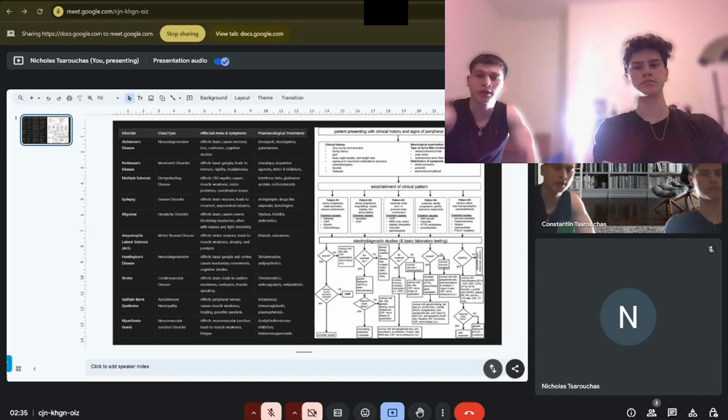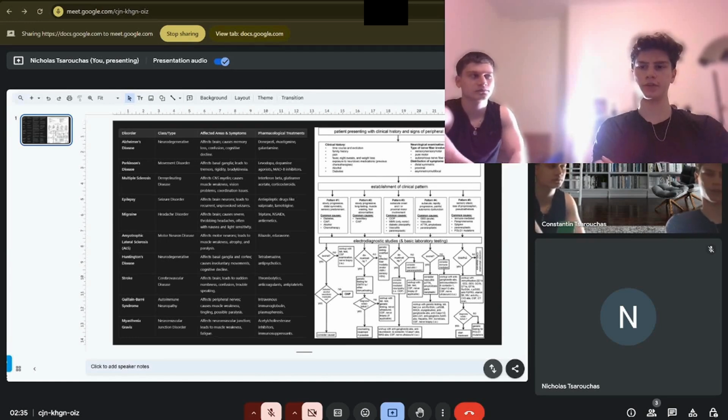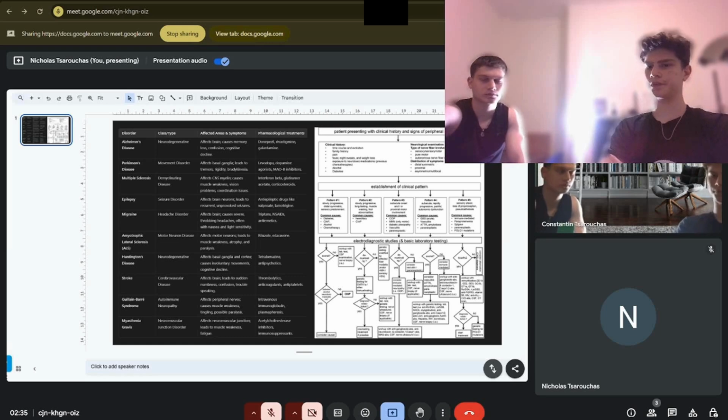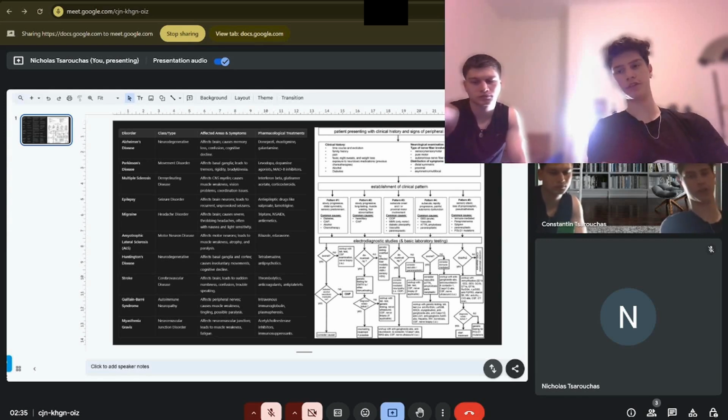So you get changes in behavior, impulsivity, problems with memory, learning, things like that as well. And if you have problems in these pathways, then they struggle to control involuntary movements, which is the case if you can't inhibit certain movements.